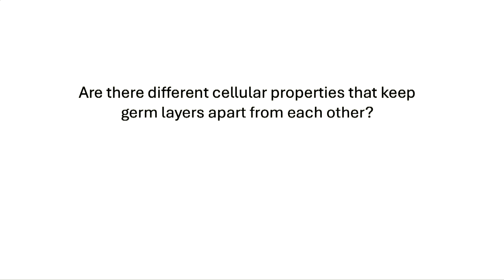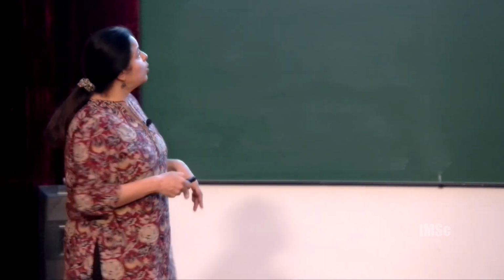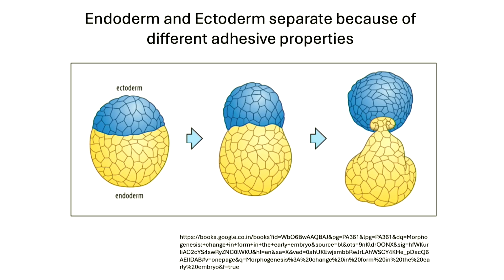Once the germ layers are formed, there is no tissue formation yet at that time, but these germ layers are distinct from each other. They do not mix. So what is the property which actually keeps them apart? Some of these experiments were done a long time back. They try to understand what properties of the germ layer cells keep them apart.